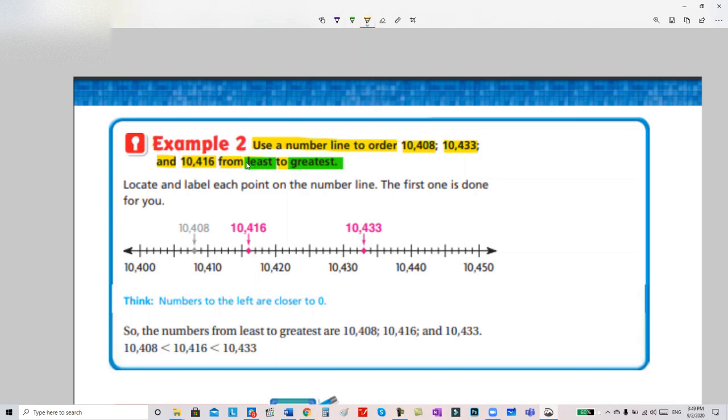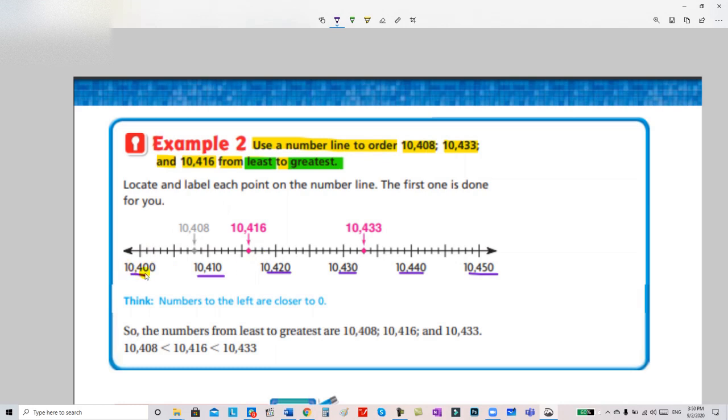If we want to compare or order three numbers using a number line, we have some guide numbers to guide me to represent our numbers here on the number line.